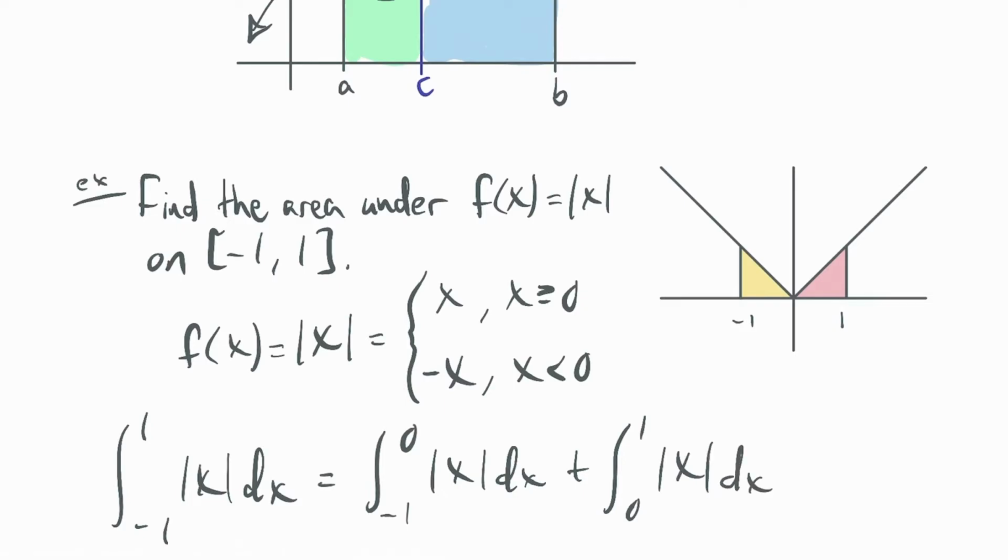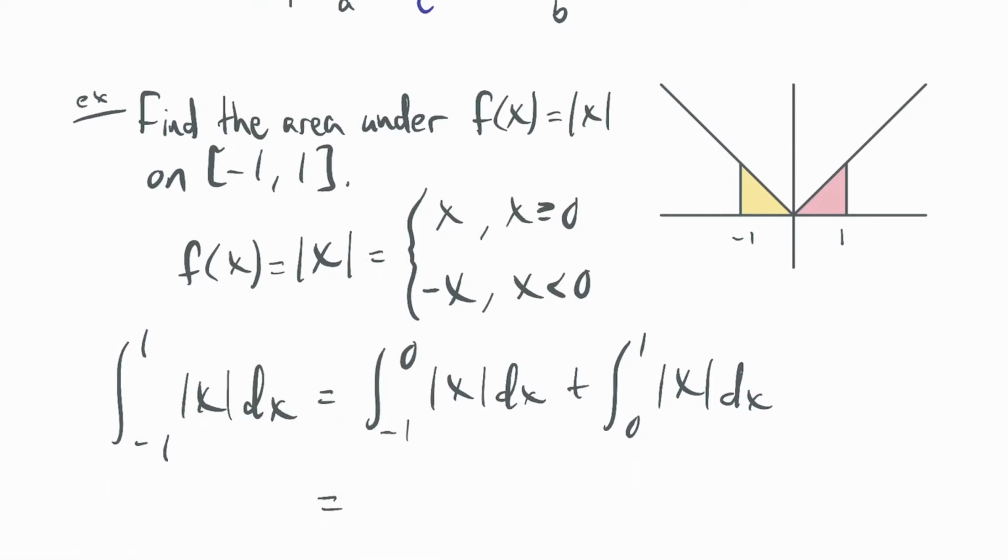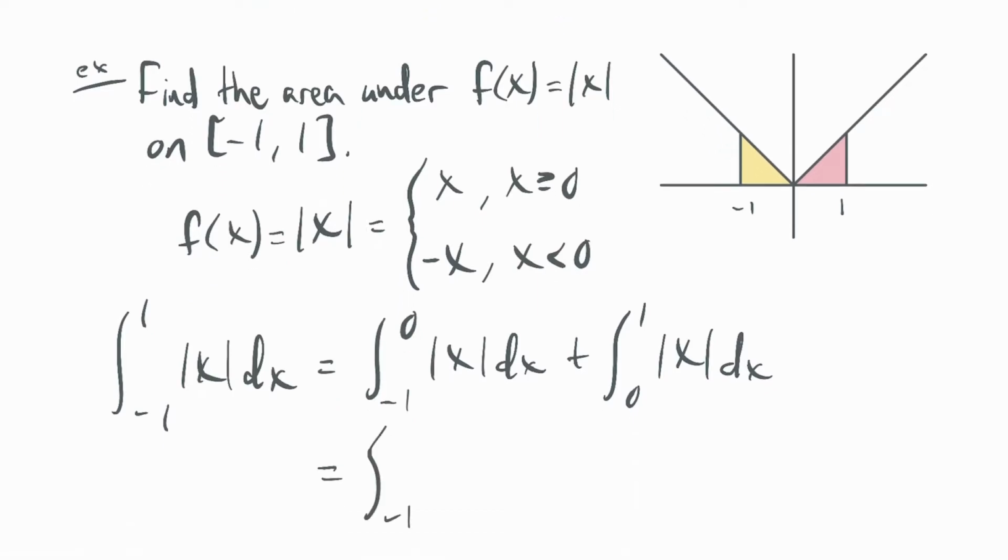Now, in this case, since I know the input is negative or 0, I'm using this version of the formula. So I can replace that with -x. So this is the integral from -1 to 0 of -x dx.